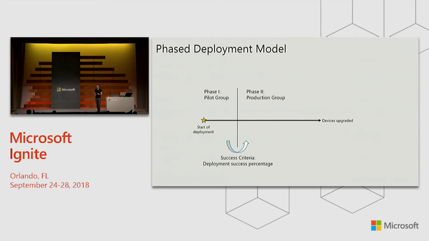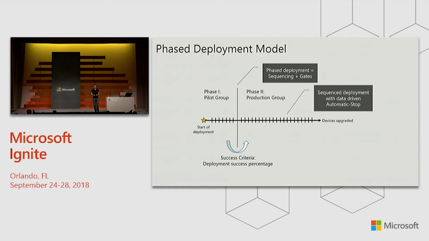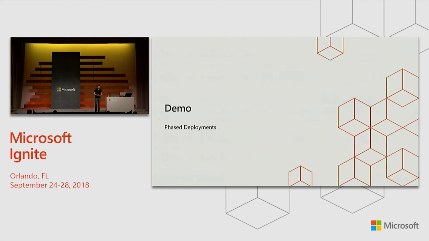And we have a success criteria that the IT admin specifies to move from the pilot group to the production group. And then we have sequencing and timing across that so that we can specify how long the production phase lasts. So let's just have a quick look at that in the console.